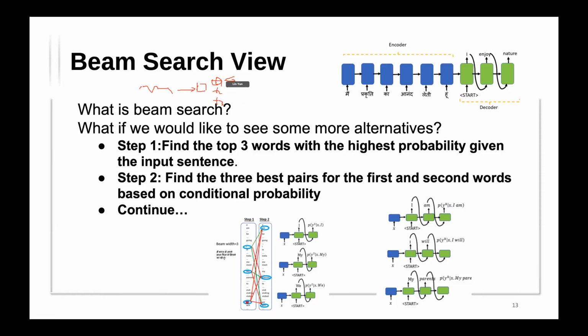And then you would have 1,000 pairs, and then for the second word you would again find 1,000 pairs, and so on. Pair means T1 with each next token.